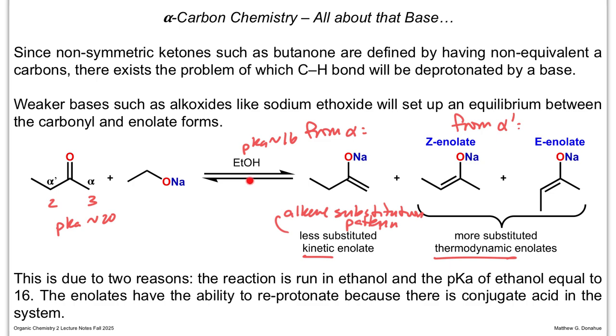Chemically, what does this mean? If we take just straight ethanol out of the bottle and add in sodium metal, it's going to evolve H2 gas to form your base. The base will then do its thing with the ketone to generate these enolates, but the pKa difference does not shove everything over here.